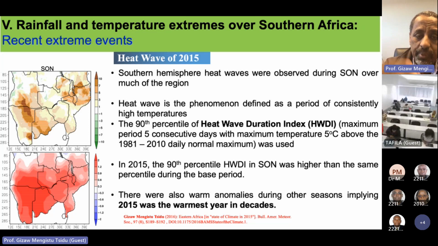Maximum temperature is during daytime, and minimum temperature is during nighttime. So this physically is supposed to coincide with the location of the sun. For instance, the maximum temperature should be just at noon when the sun is overhead at a particular location.